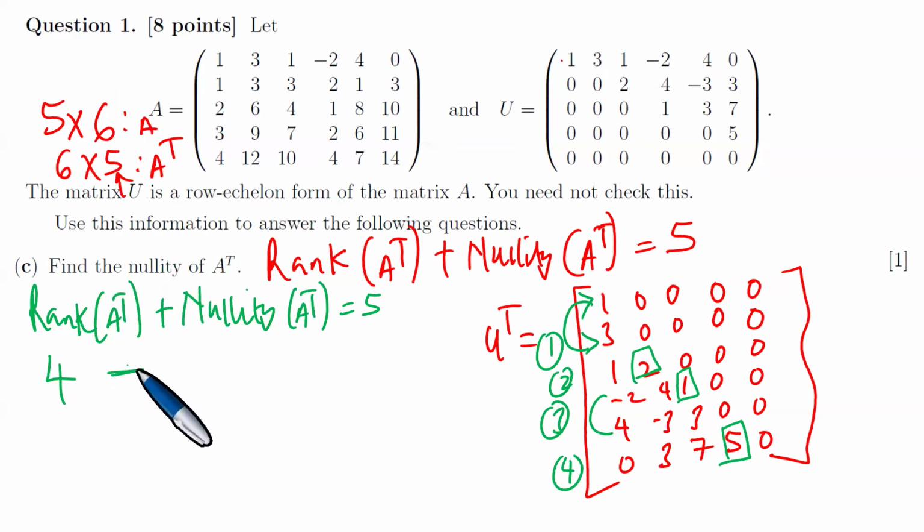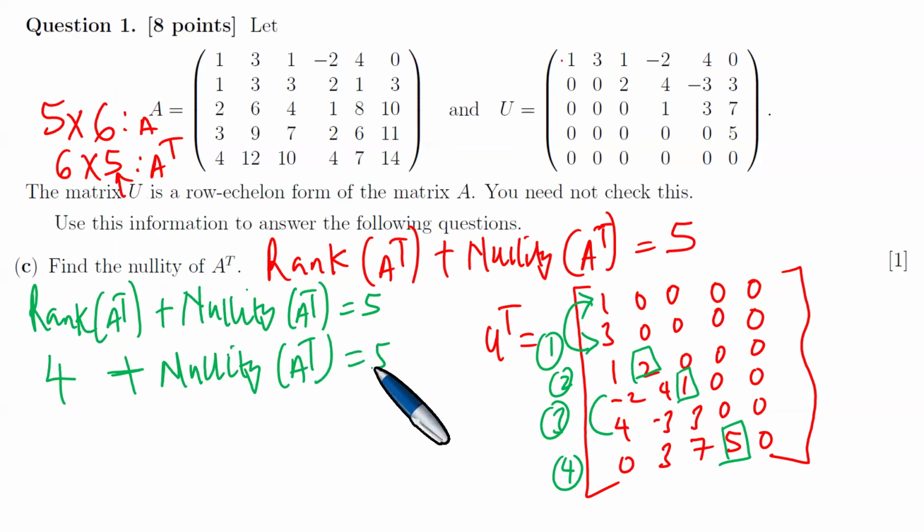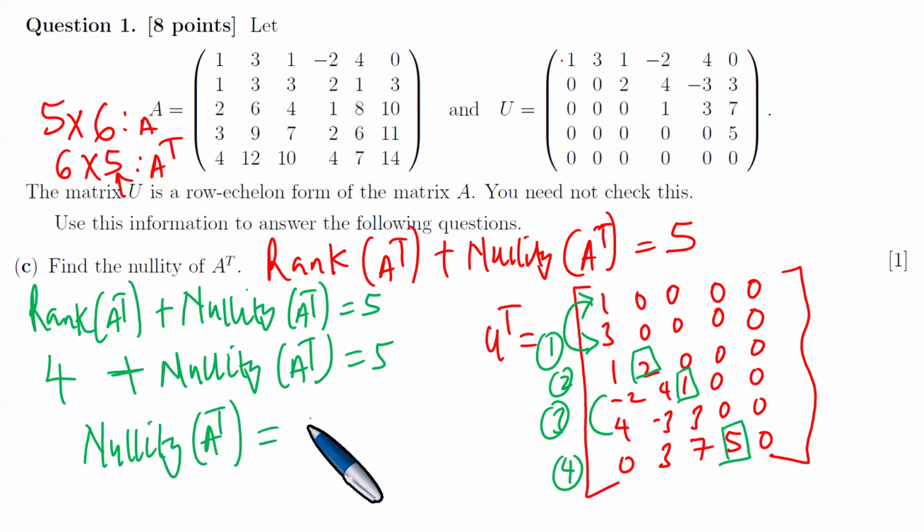the nullity of A transpose equals 5, which means the nullity of A transpose equals 5 minus 4, and 5 minus 4 is a 1.